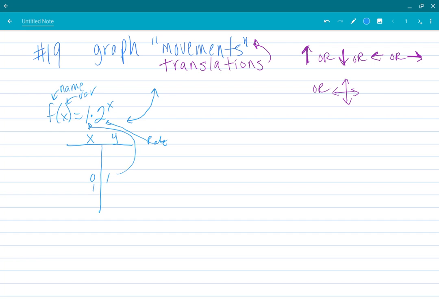So they're going to put times 2, times 2, times 2, times 2, times 2, divide by 2, right? Divide by 2. Whoops, wait, hold up. My brain stopped working. It's supposed to be negative 2.